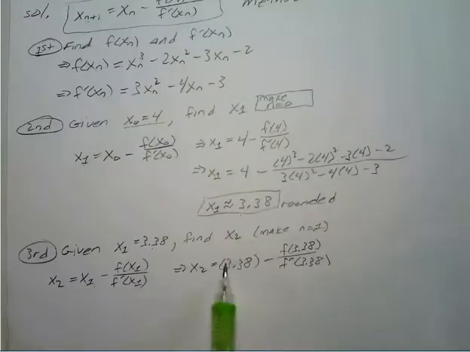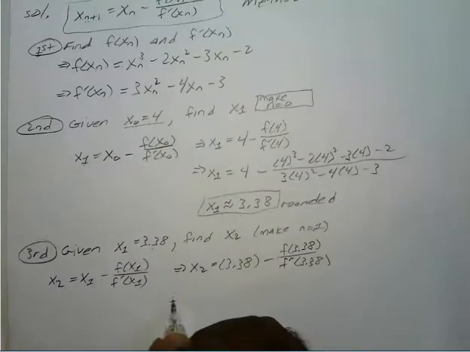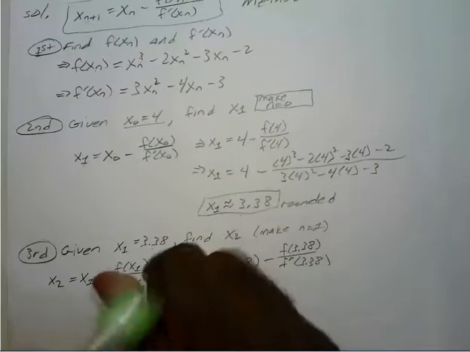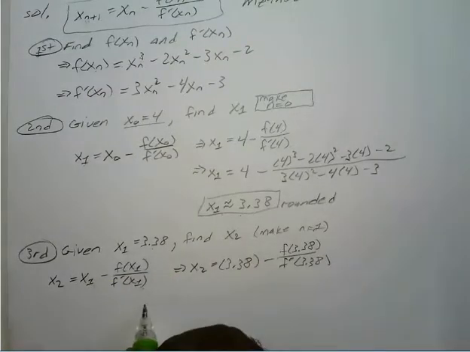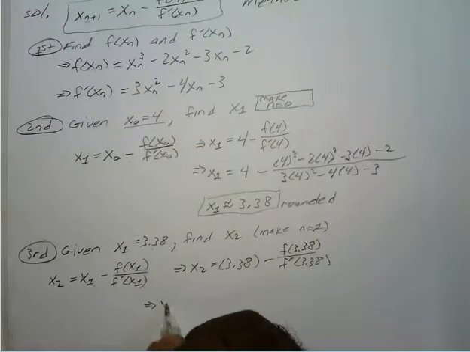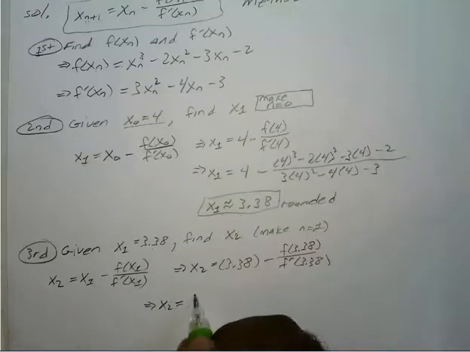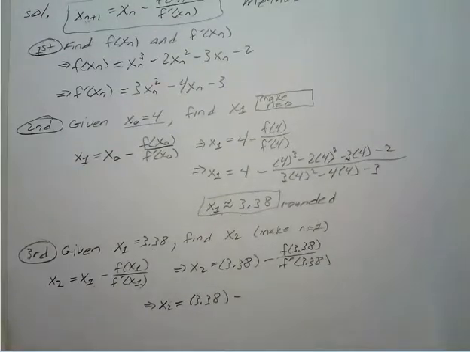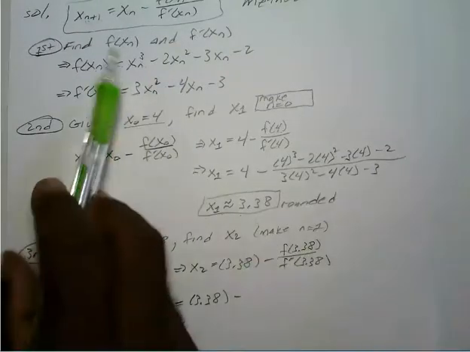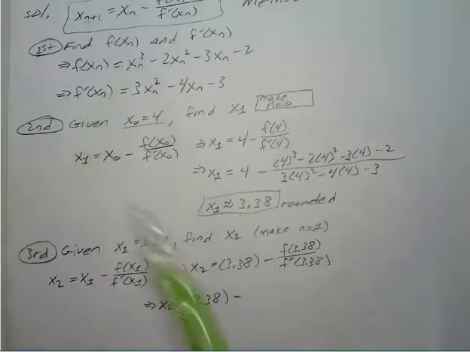If we plug all of that in, let me move this over just a little bit because it may get a little lengthy. Our x sub 2 is going to equal 3.38 minus f of 3.38, so that's just replacing all of our x values with 3.38.